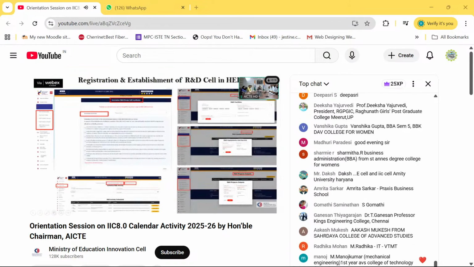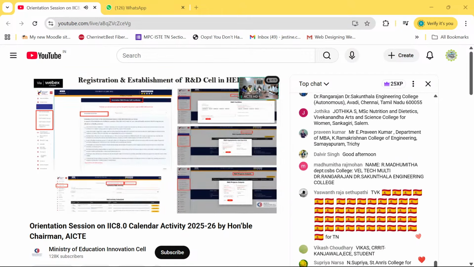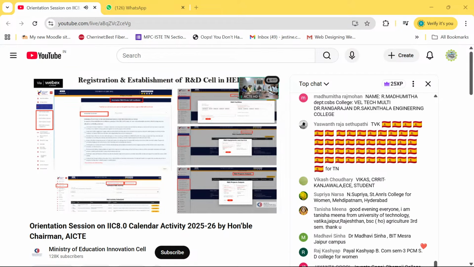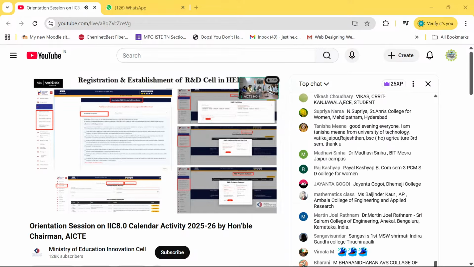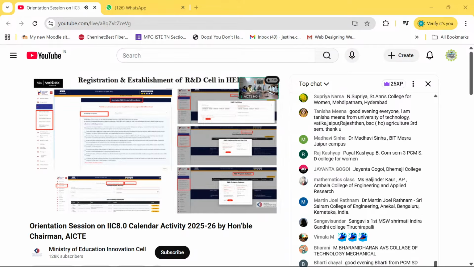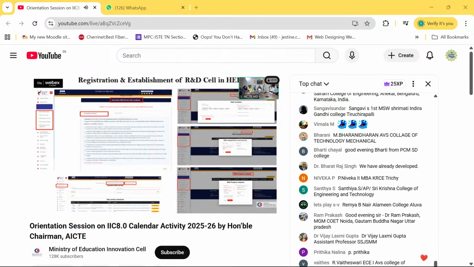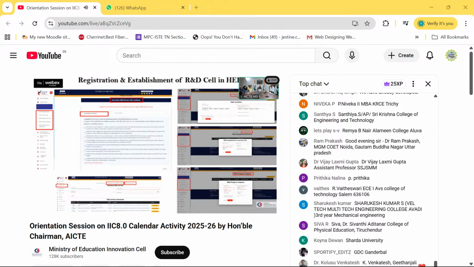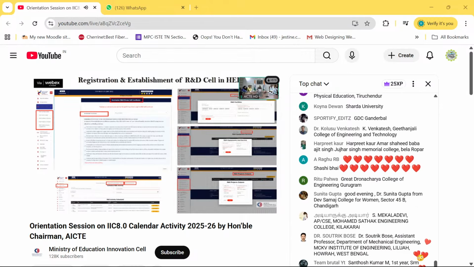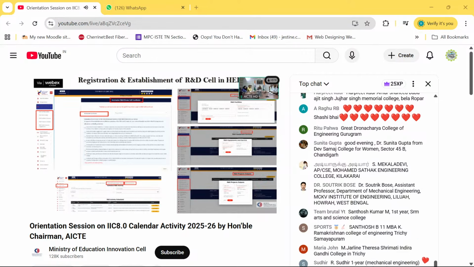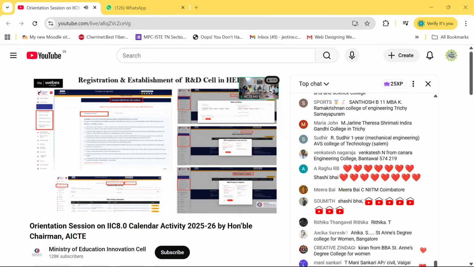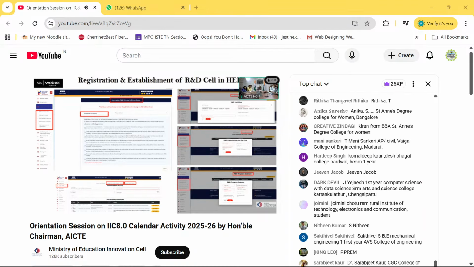And we have already developed a full-fledged portal system as part of the IIC portal. So when an institute logs into the IIC portal, they will be able to see an R&D cell tab, and once they click that tab, it will ask them to nominate a faculty who is already part of the IIC to become the R&D coordinator.